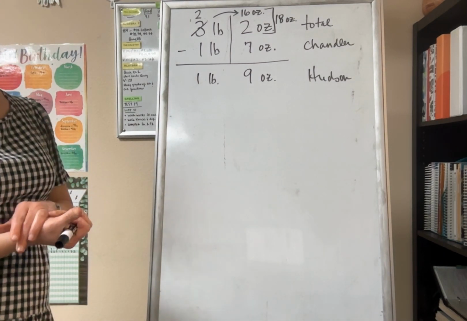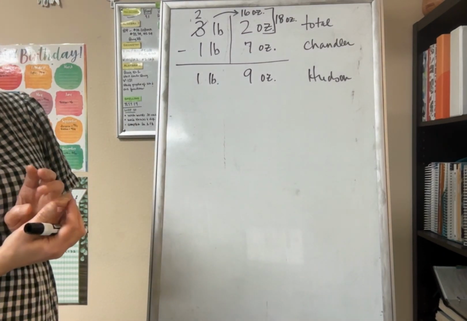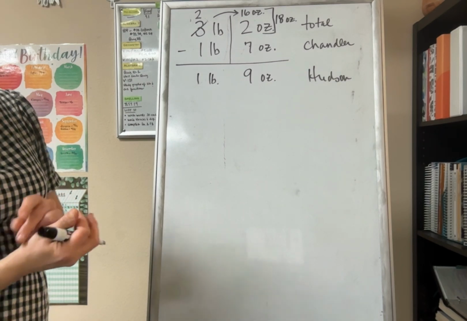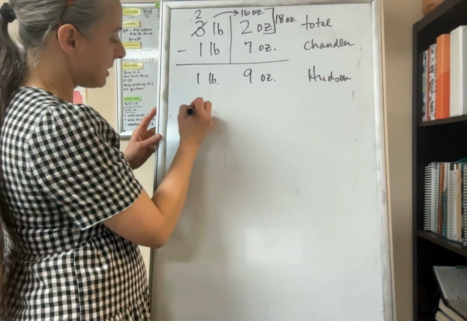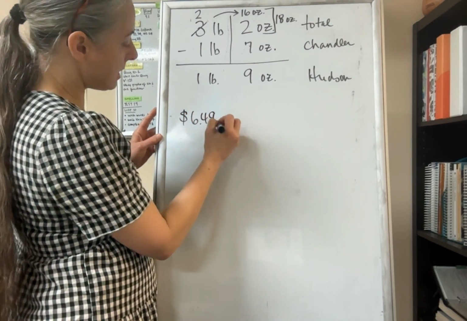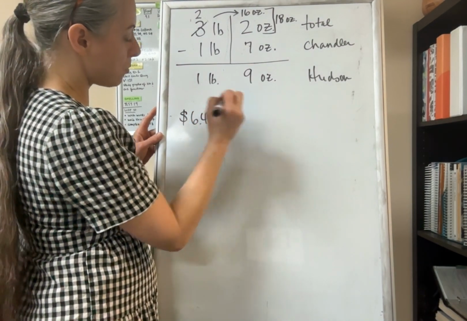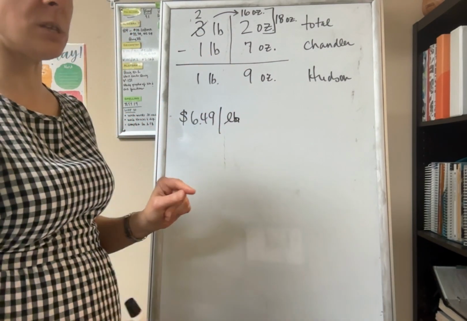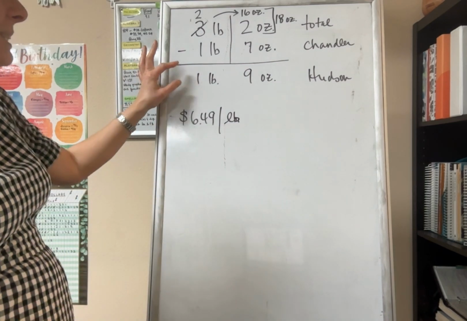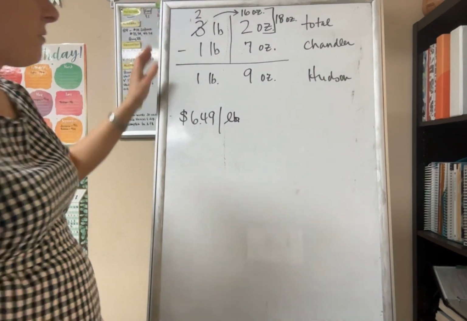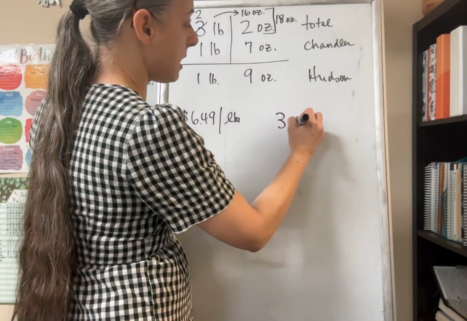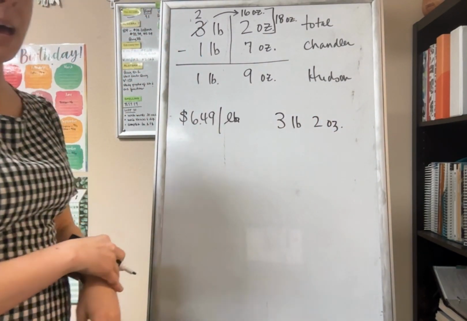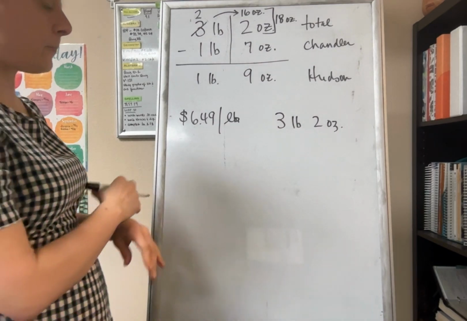Now, the second question asked me to find out how much they spent on the candy. The candy is priced at $6.49 per pound. I don't have a price for pounds and ounces, just pounds. So that means I need to turn this total weight of the candy, 3 pounds and 2 ounces, I need to rename this as a decimal, right?